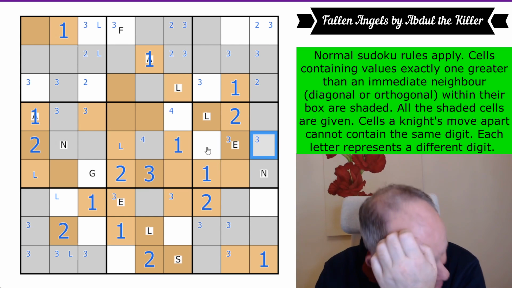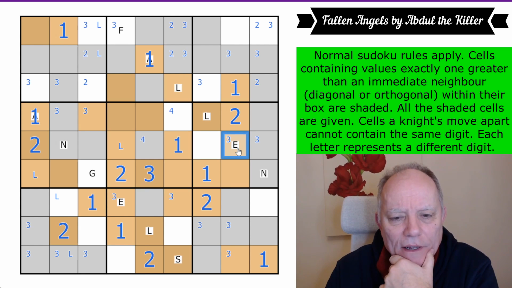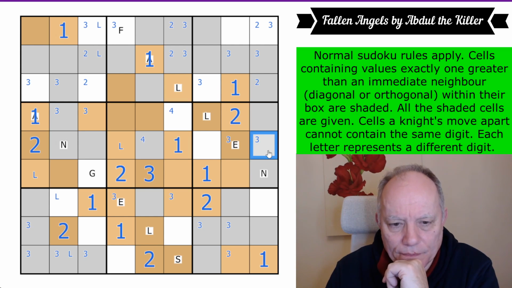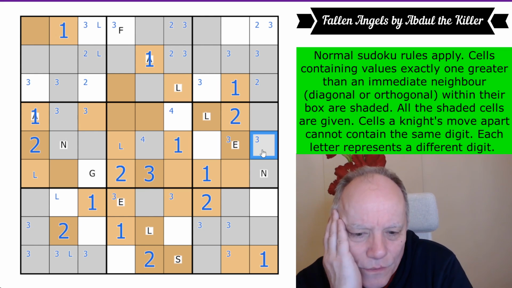Oh, I see, so it might be a combination of things. If that was a white 4, that couldn't be a 3. So that 4 would make that a 3. Oh, that's weird.